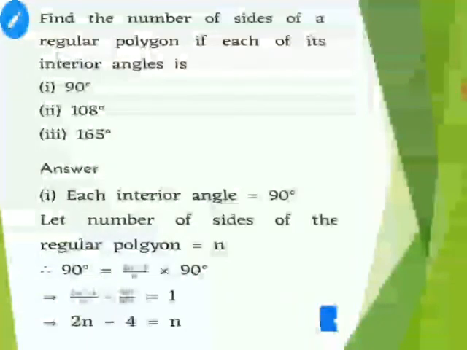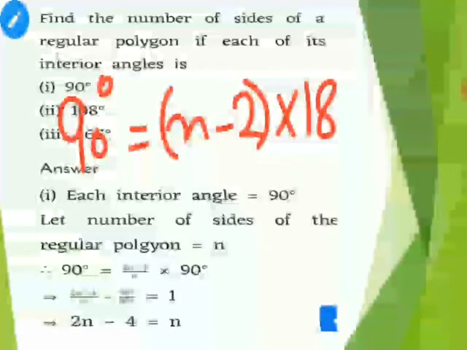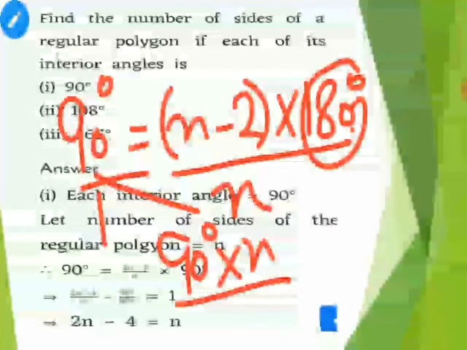So here the interior angle is given to you, 90 degree. (n minus 2) multiplied by 180 degree upon n. So let's solve it. You can bring this n to this side, so this you can write as 90 into n, and bring this 180 to divide this expression.